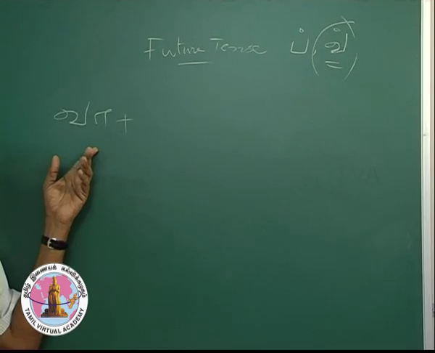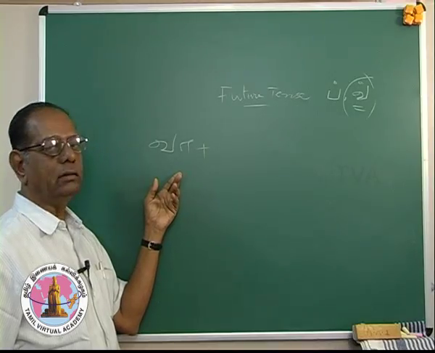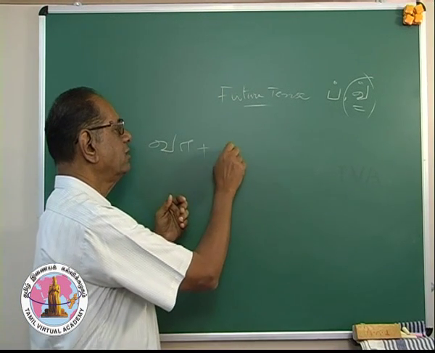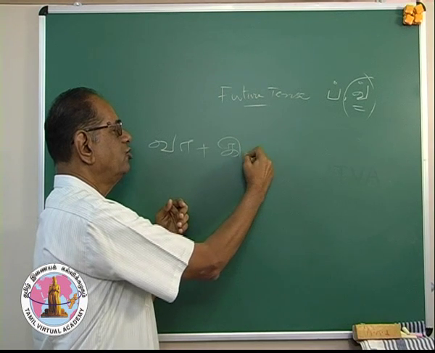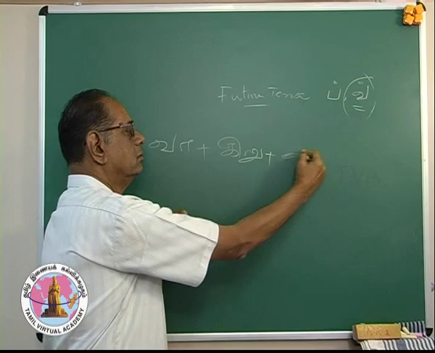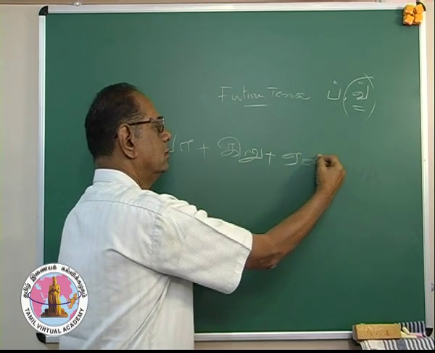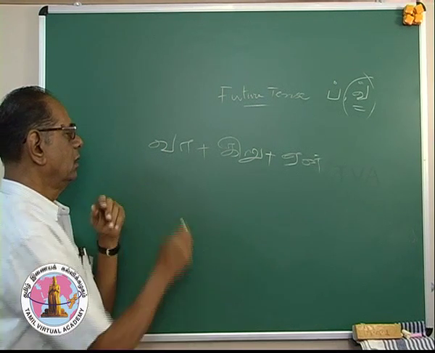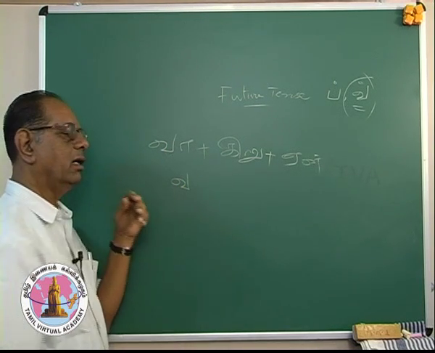You know va. This is a peculiar verb which undergoes more than two changes when it takes a tense marker. It becomes va first.